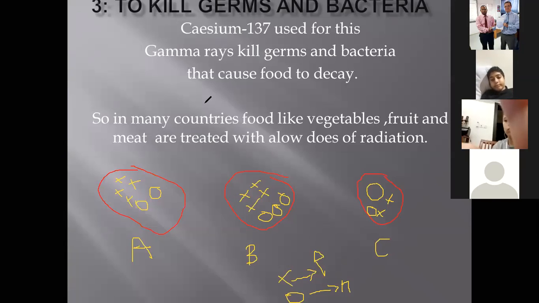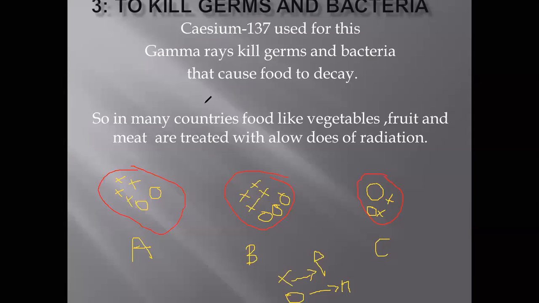What are the numbers of protons? How many protons? Four in each one. Yes. And how many neutrons in A? Two, and in B three. They are different.